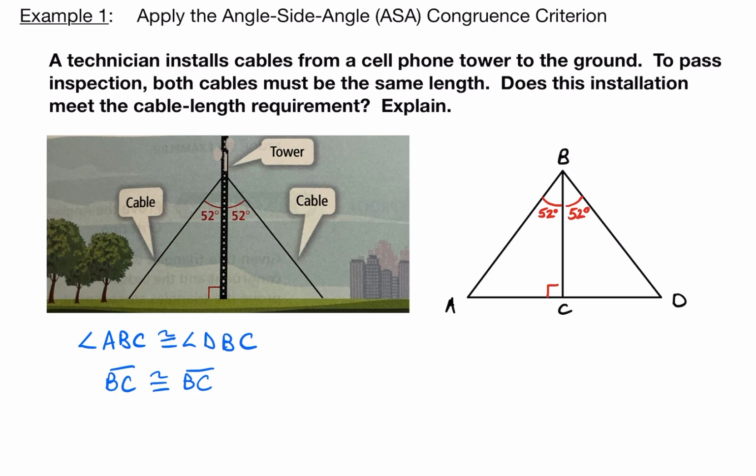So if you notice, segment BC is shared by this triangle ABC as well as this triangle DBC. And then we see that angle ACB is also the same as angle DCB. They're both right angles. So we would say that angle ACB is congruent to angle DCB.